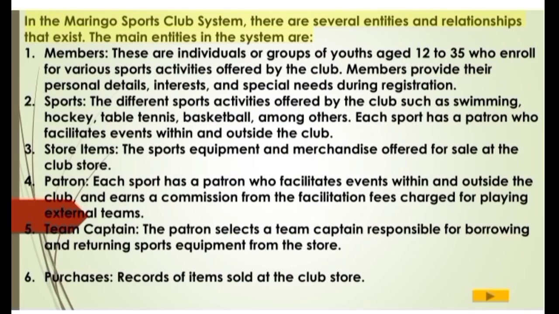In the Maringo Sports Club system, there are several entities and relationships that exist. The main entities in the system are: 1. Members. These are individuals or groups of youths aged 12 to 35 who enroll for various sports activities offered by the club. Members provide their personal details, interests, and special needs during registration.